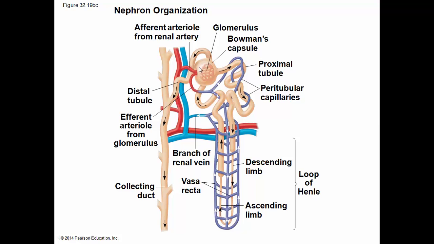So this is where the exchange of your waste material is occurring in the loop of Henle. Basically, the loop of Henle is a very important part of that structure. It's surrounded by the vasa recta, which is exchanging through osmolarity. It's exchanging waste into the urine stream.